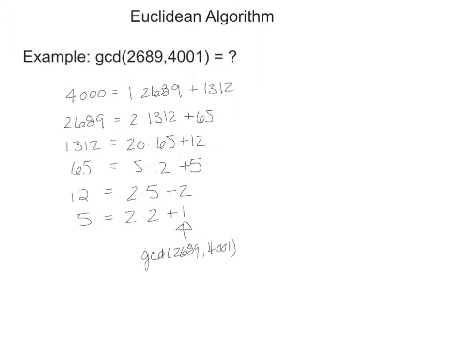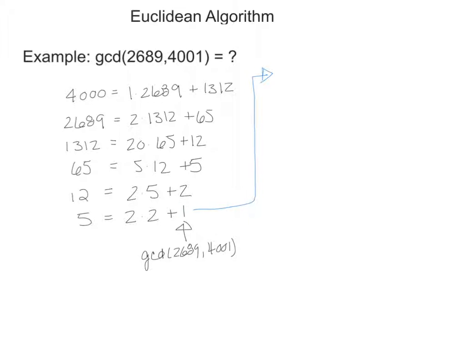So now again, we're going to start with a clean copy so that I can take these steps in reverse. I'm going to start at the bottom, and I'm going to find the linear combination of 2689 and 4001 that will give me 1. Obviously, there's going to be some negative numbers in here.